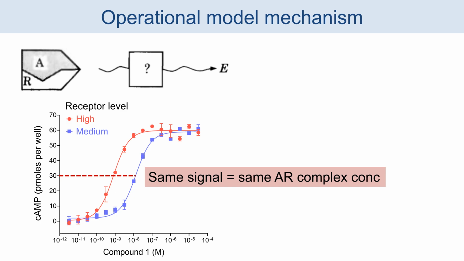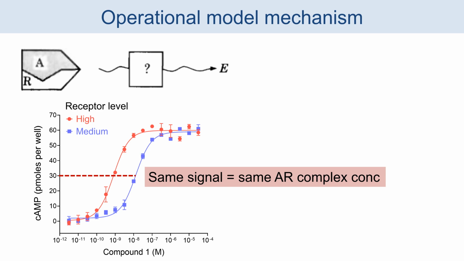This is because we assume the level of signal is dependent on the concentration of agonist-receptor complex in the assay, as we talked about on the previous slide. So, if we have the same level of signal, we must have the same level of agonist-receptor complex.